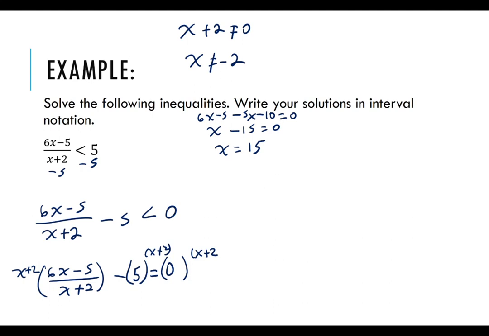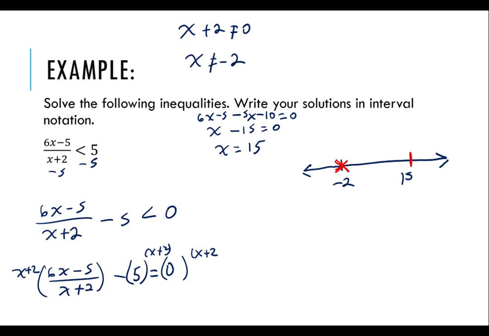But of course, remember that negative 2 could never be included even though this is a strict inequality. But I'm still going to mark it as such so that I don't forget in the future. And so if negative 2 and 15 are my critical values, remember that negative 2 can never be included because it's a domain restriction. But if this had equality, 15 could. And so then, check.